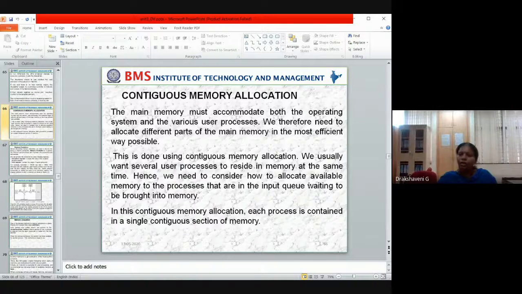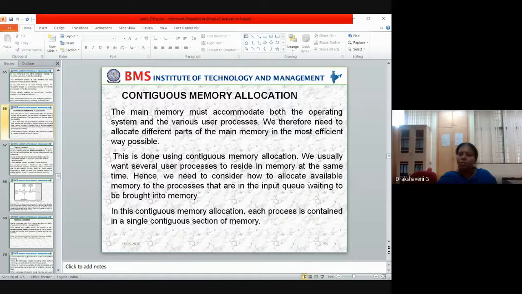We therefore need to allocate different parts of main memory in the most efficient way possible. This is done using contiguous memory allocation. We usually want several processes to reside in memory at the same time. So we want to allocate the memory continuously.